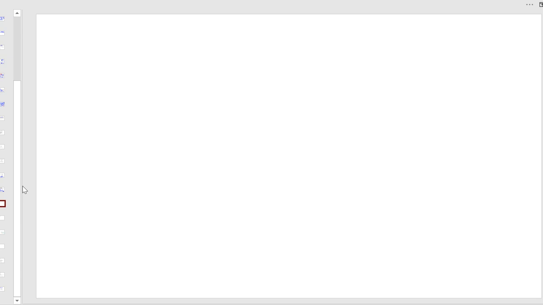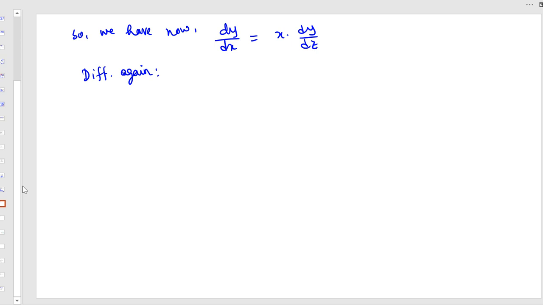So we have now dy dx equals x into dy dz. So if you differentiate again, then what will happen? d2 by dx2 is d dx of x into dy dz.